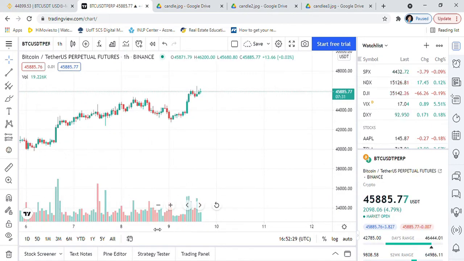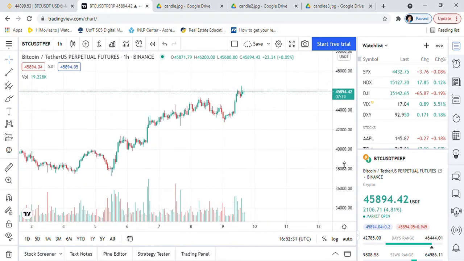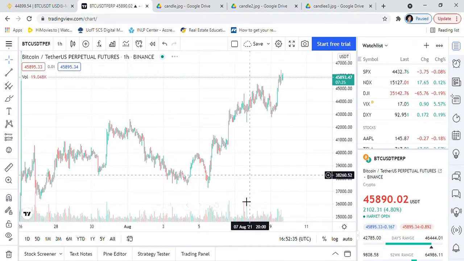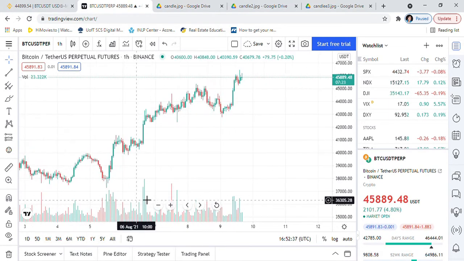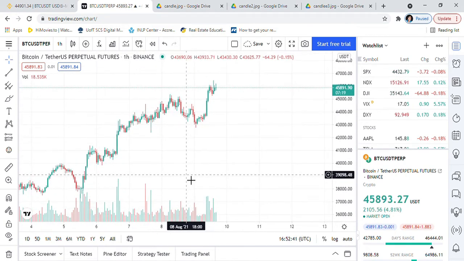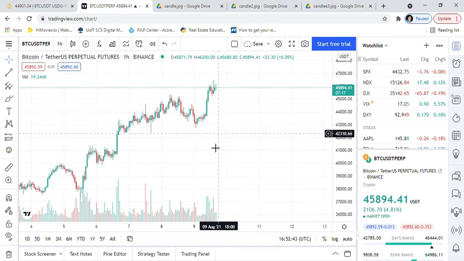The 1 hour time frame will help me to determine where is my best entry. You understand? It helps me to determine the best entry point. And to determine the best entry point, you need to look at something called support and resistance.